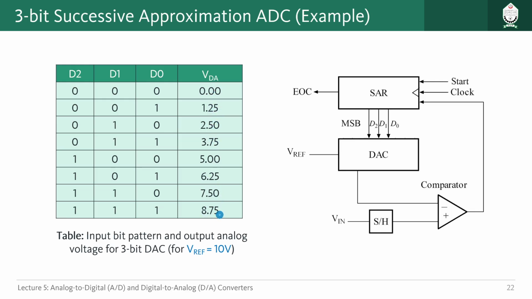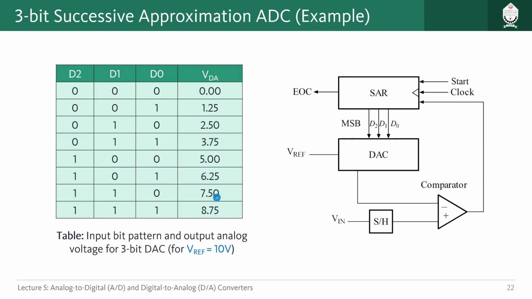Here you have to understand that for quantization we looked at states containing a voltage range, for example 8.75 volt to 10 volt, and then 7.5 volt to 8.75 volt. These are just conceptual understanding. In practical situations it is not exactly like that, but we can avoid those complications here.